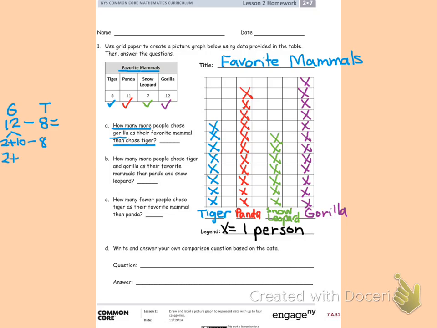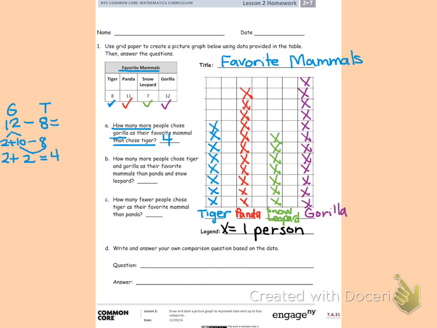That's 2 plus 10 minus 8 is 2, which equals 4. When we label our equations, it helps our teacher to know from where we got those numbers or what those numbers represent.